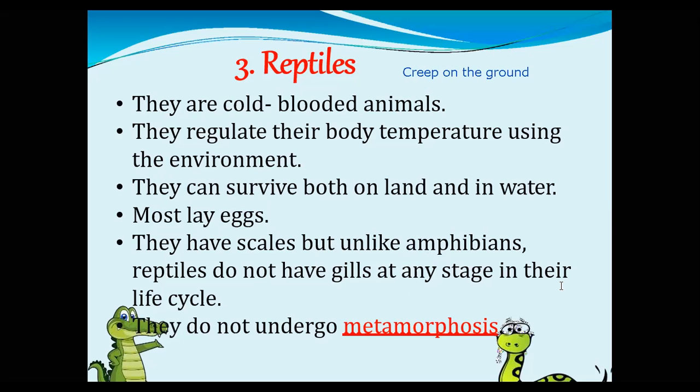Amphibians have gills in the first phase of their life cycle when they are in water, and when they come on land, amphibians breathe by lungs. But reptiles do not have gills at any stage in their life cycle.